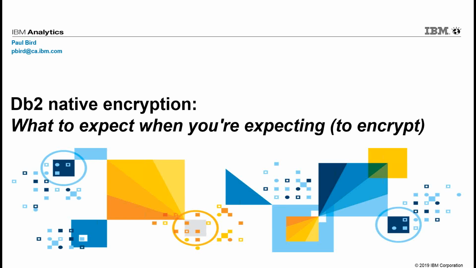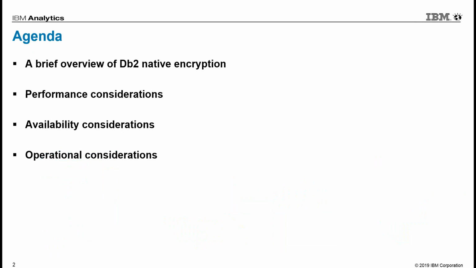So today's topic is about DB2 Native Encryption, and it's specifically coming from a blog I did a while back. I have an IDUG blog in case you watch it occasionally. And I got a lot of people either not asking the right questions before they jumped into encryption, or people sort of discovering things just before they went into production. So I wrote some things about what to expect when you're expecting to encrypt. What I'd like to do today is give you a brief overview of encryption.